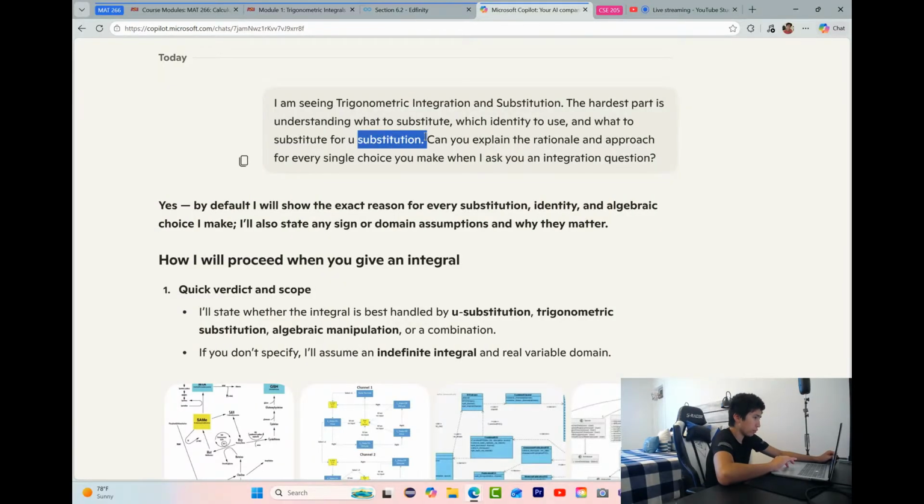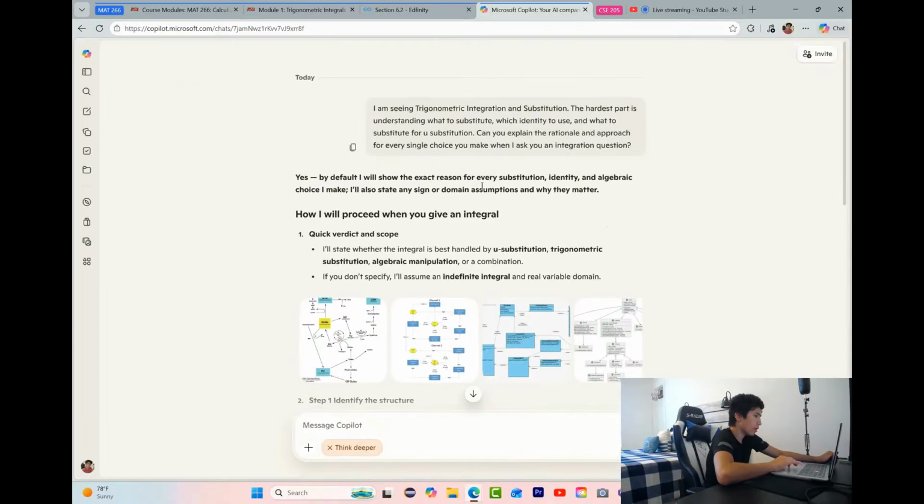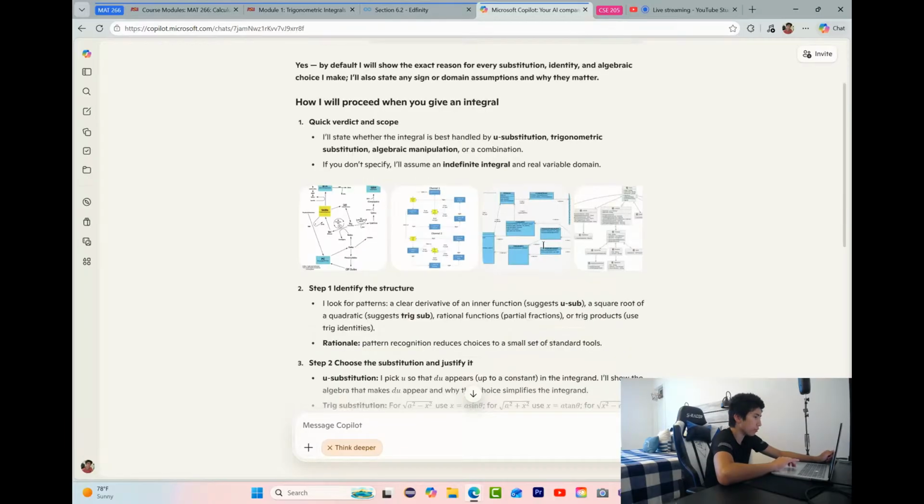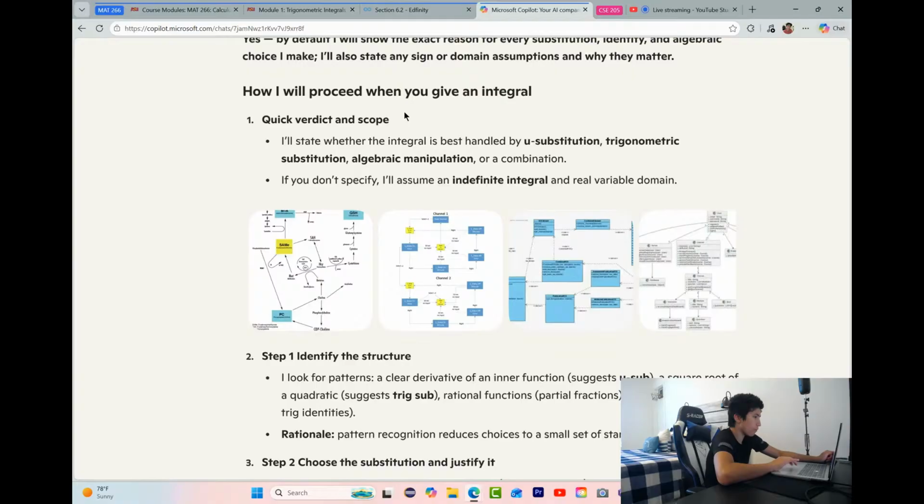It has to do a lot with substitution, u substitution. I asked whether it can explain the rationale and the approach for every single problem I present. It'll tell me the verdict and scope. It'll state whether the integral is best handled by u substitution, trigonometric substitution, algebraic manipulation, or a combination.